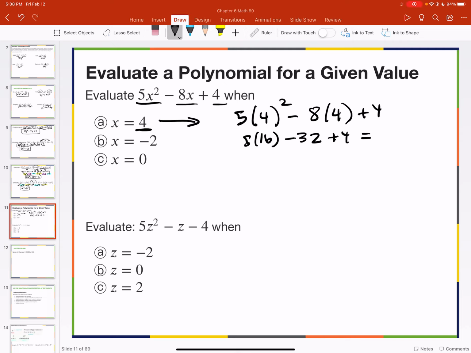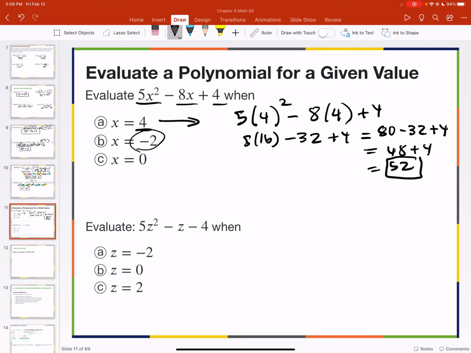And then 5 times 16 is 80 minus 32 plus 4. So what is 80 minus 32? 80 minus 32, going from left to right, 48 plus 4, which is going to equal 52. Okay, so that's the first one.